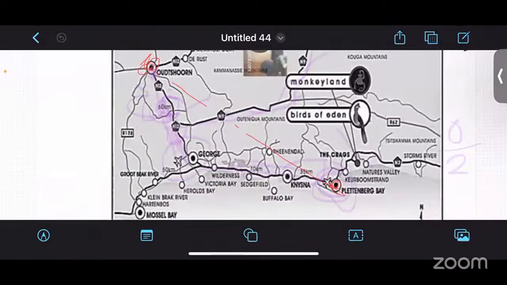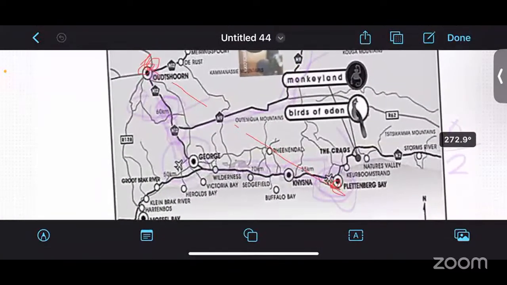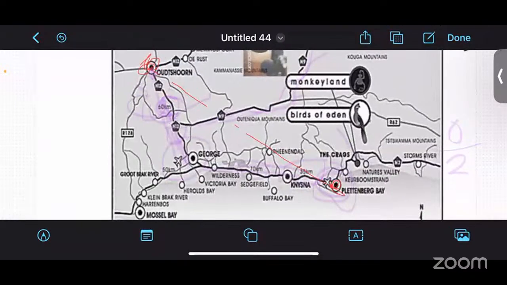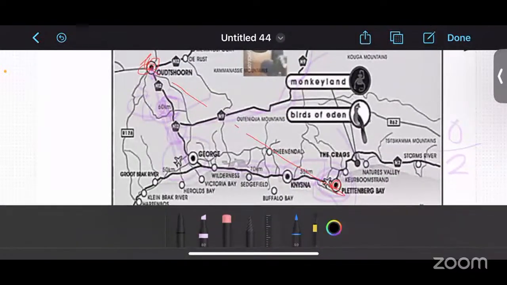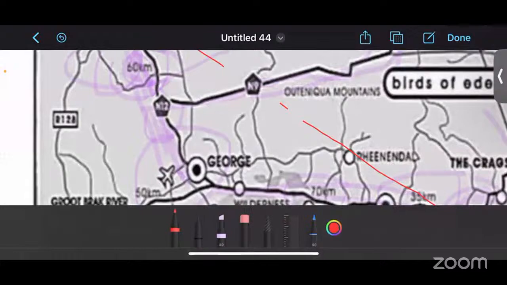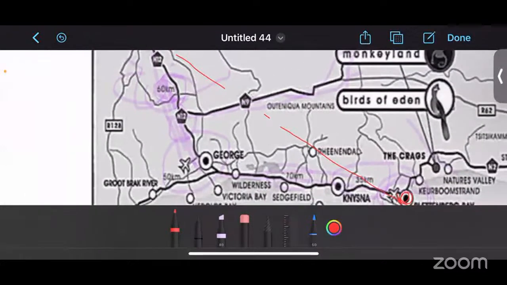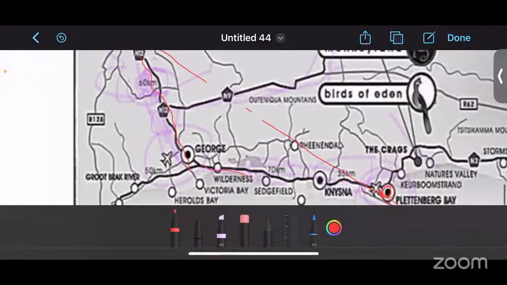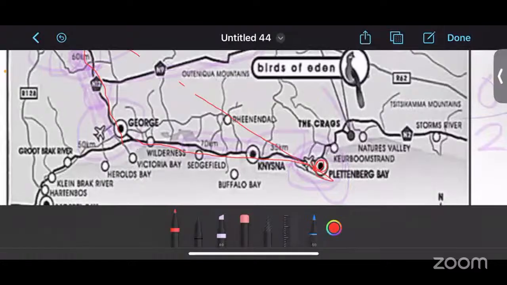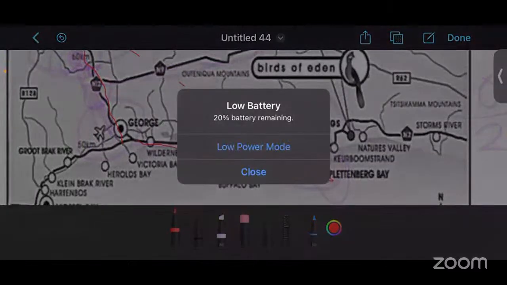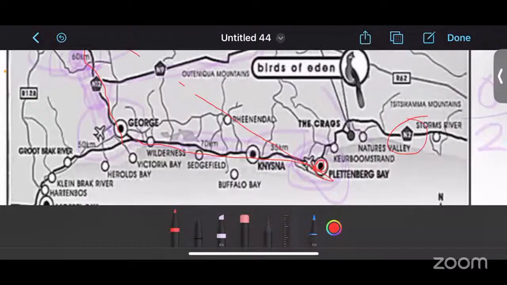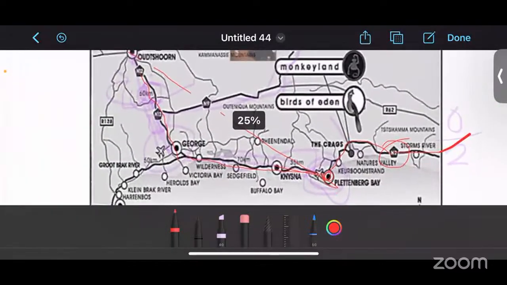What's happening? They will also use N2, because if you look here, they will use this road, and then again they connect with this one to go to Plettenberg Bay, which is N2. Do you see this N2? So it's going to be N12 and N2.